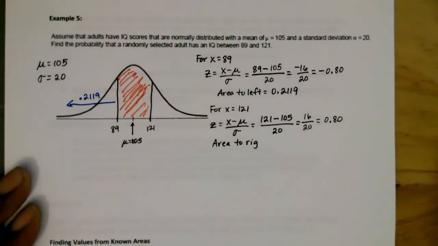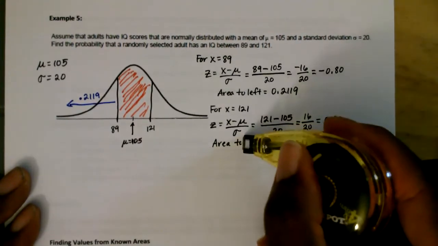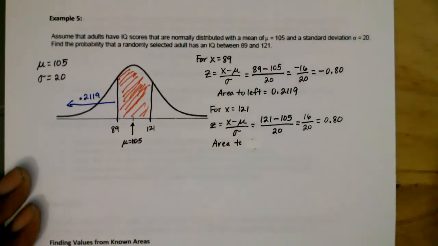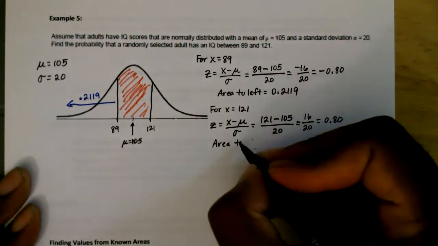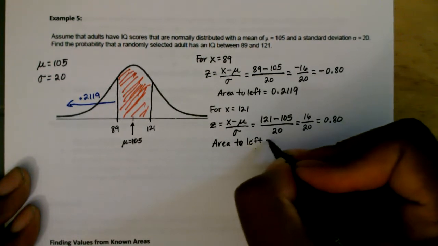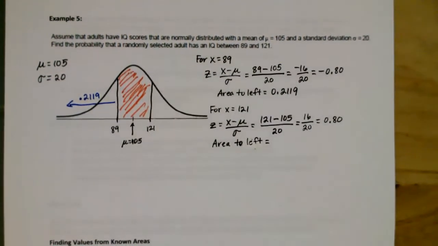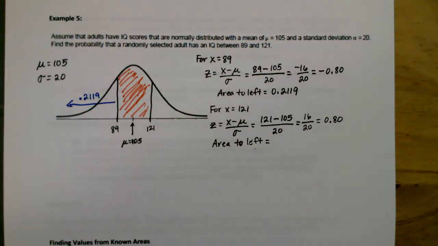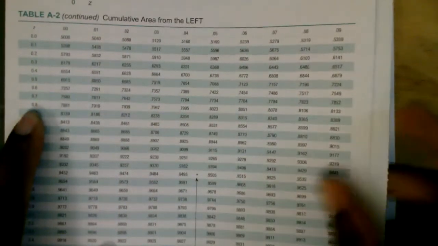Not to the right, to the left, because the table is the cumulative area to the left. Let's find 0.80 using the page that says positive z-scores. Okay, here's 0.8. 0.00 is that first column. Read down to the right. It'll be 0.7881.